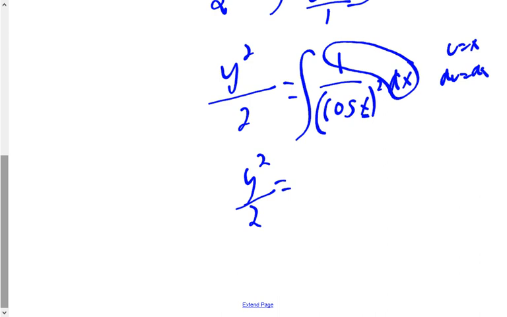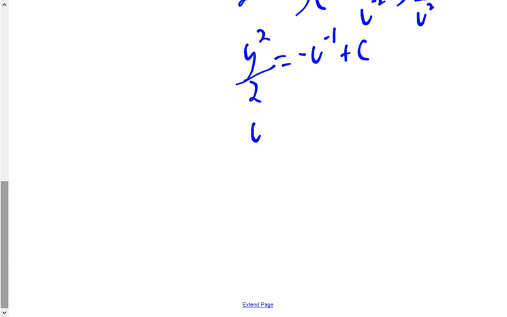But then when I'm going to rewrite this to integrate this, I'm going to call it 1 over u squared, which means it's the integral of u to the negative 2, which gives me negative u to the negative 1 plus c. So when I rewrite that, I have y squared over 2 equals negative 1 over, and u is cosine x, plus c.